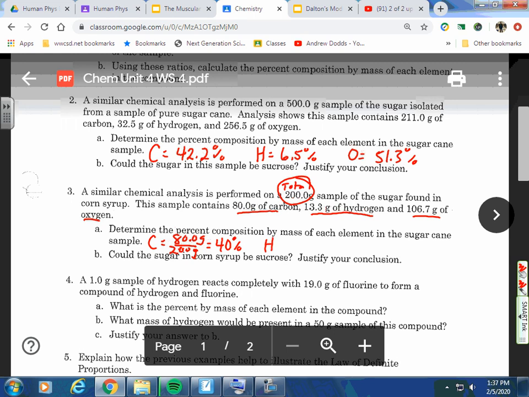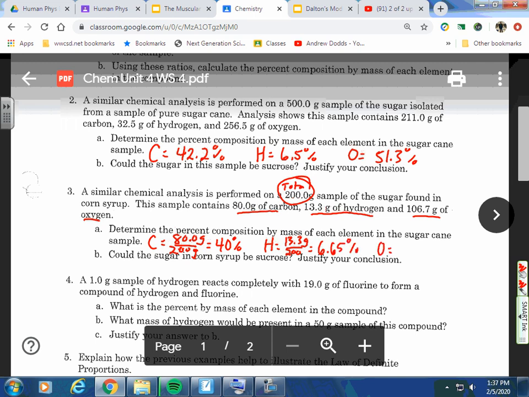Hydrogen is going to be 13.3 grams divided by the total, which is 200, and that comes out to be 0.0665, I believe, or 6.65%.